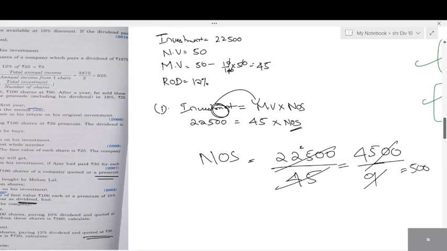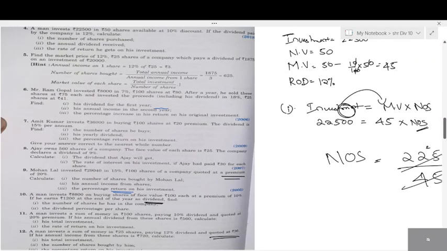Number of shares is 500. Find the other two. Okay, annual dividend and rate of interest. Use the formula and calculate it, students. Try it for homework. Will you all complete it?